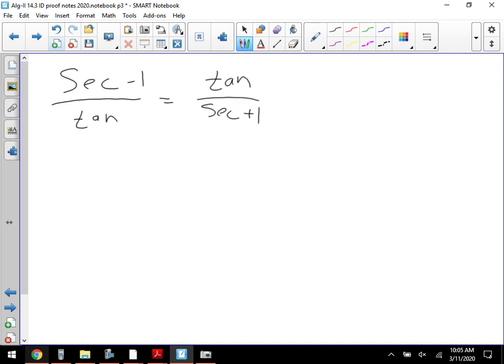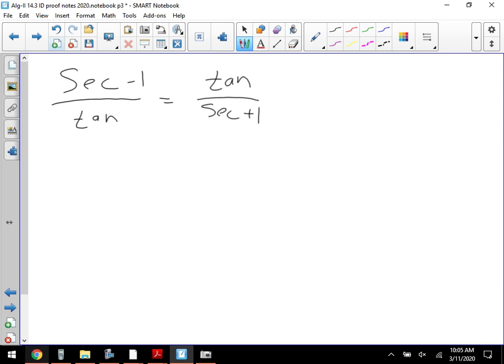Okay, I got it. So, when I'm looking at this one, you start with secants and tangents, you end with secants and tangents. You cross multiply, and it equals 1! No. Now, obviously I could try and do sines and cosines, get common denominators, see what would happen.